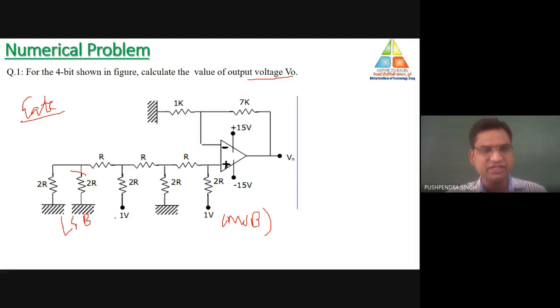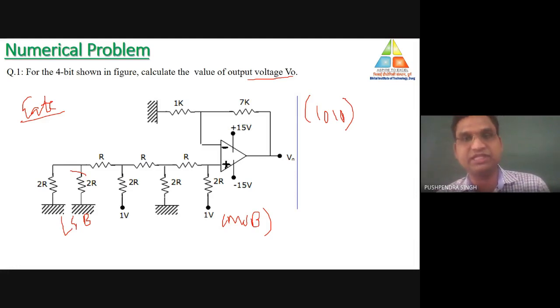Because when the question is in the form of 1, 1, 0, or 1, 0, 1, 1, or 1, 0, 1, 0, like this, then it should be remembered which position is MSB and which position would be LSB. So at that time, it should be noted that the very first resistance connected to the operational amplifier will be connected to MSB, and the last resistance will be connected to LSB.